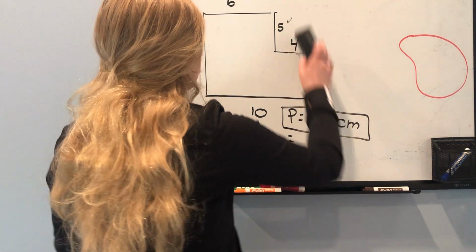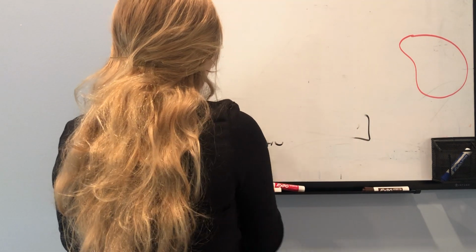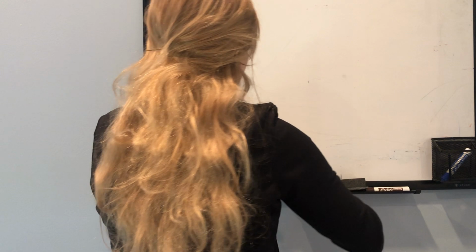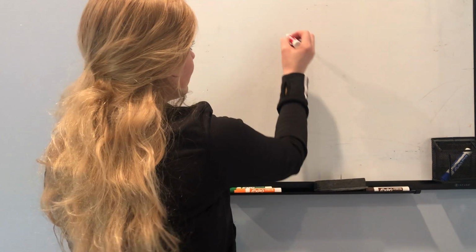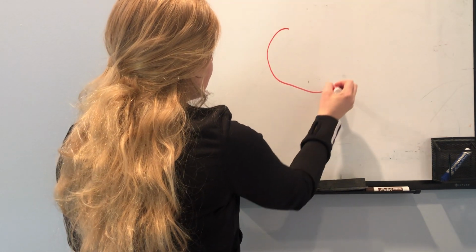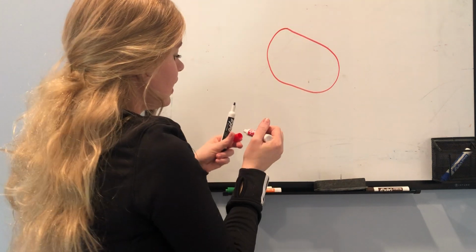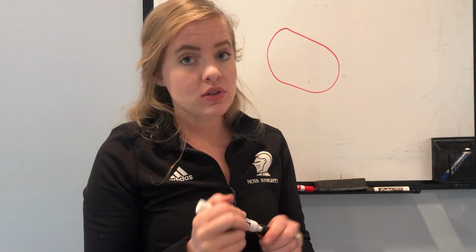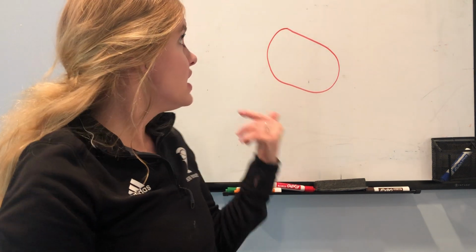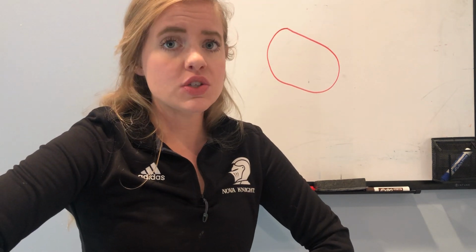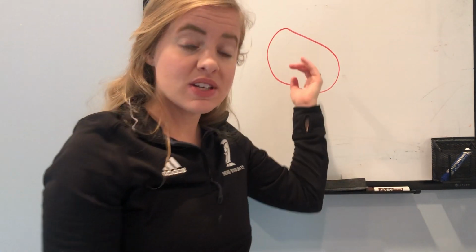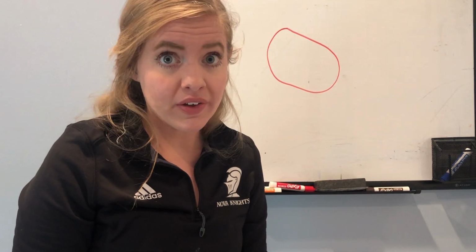Now, perhaps the trickiest one that you're going to have, I'm going to draw over here so you can see it a little bit better. The homework or the textbook asks you to find the perimeter of a shape like this. There's no way that you can add up the straight sides because this is not a polygon.